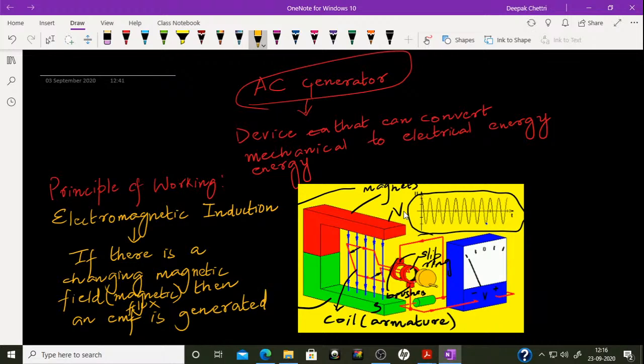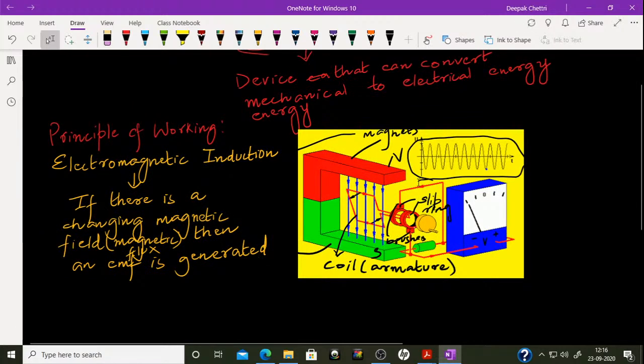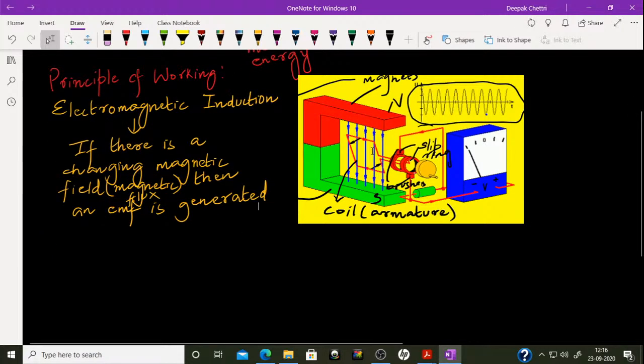Yes or no? We have talked about this chapter. The last chapter that we did was about this, right. So that is electromagnetic induction, and that is how an AC generator works. In here there is a coil which has an area.